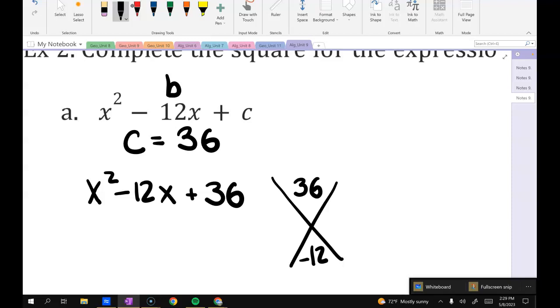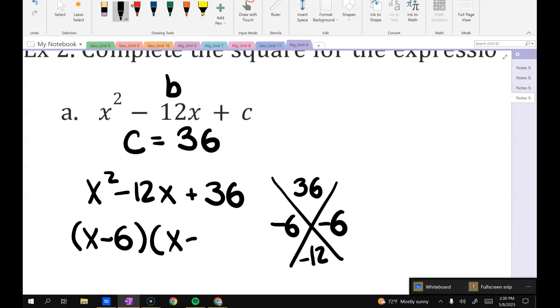Well, to get to 36, I know that's 6 times 6, but I need to add to a negative 12. So that's going to be negative 6 and negative 6 on either side. And then since our A term is 1, I can factor this quickly. I could say that this would be factored. I could use x minus 6 and x minus 6.